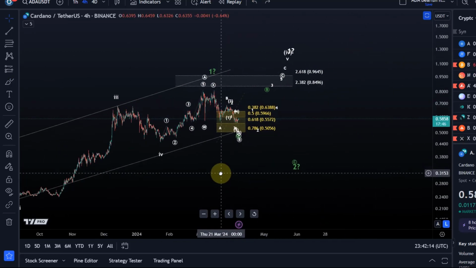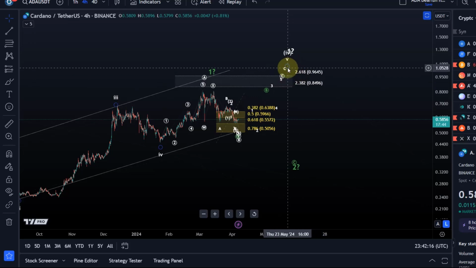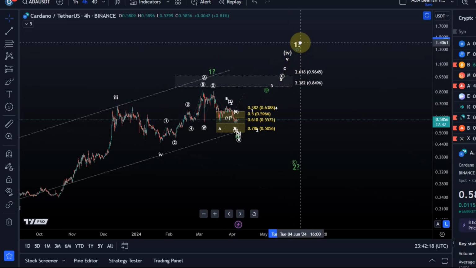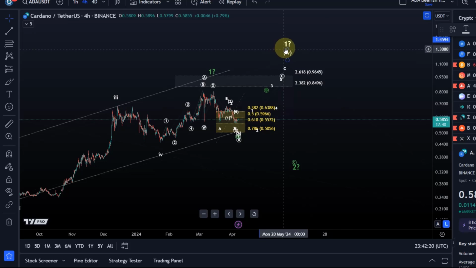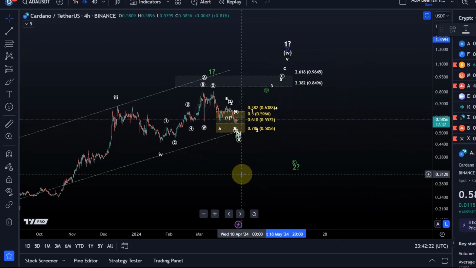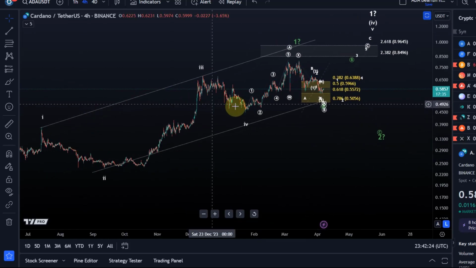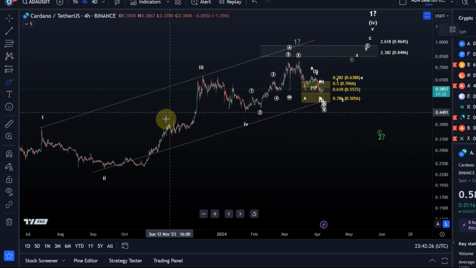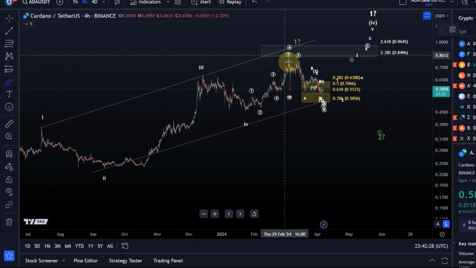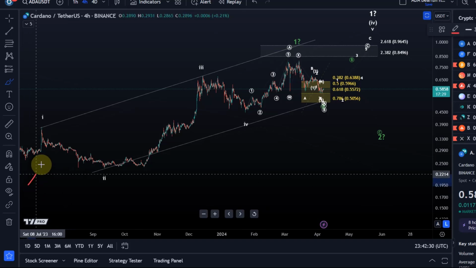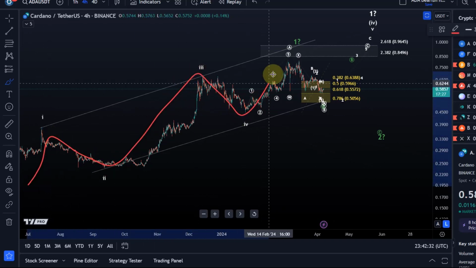As soon as this wave 5 is completed, this would form a larger degree wave 1, and then a larger degree wave 2 should still unfold. In the green count, which is basically the white count just with the top already being in, we have also completed 5 waves up.